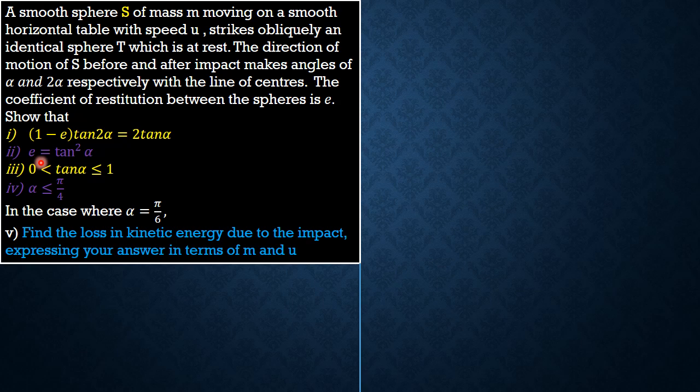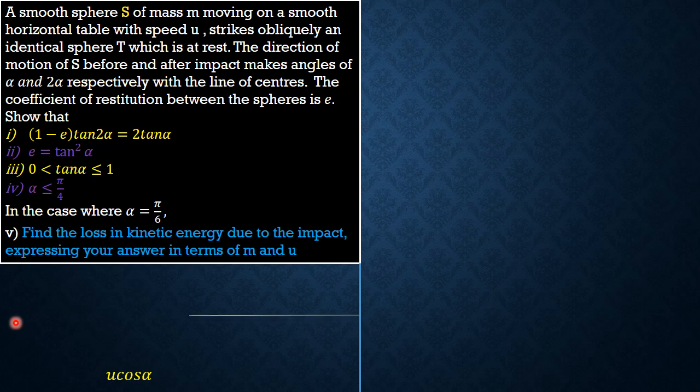The velocity in which the initial sphere was moving has a component along the line of centers, which is going to be u cos alpha, since they said the angle it was moving at before and after impact was alpha, and 2 alpha, meaning before was alpha, after was 2 alpha. But before then, friends, let's picture the scenario.